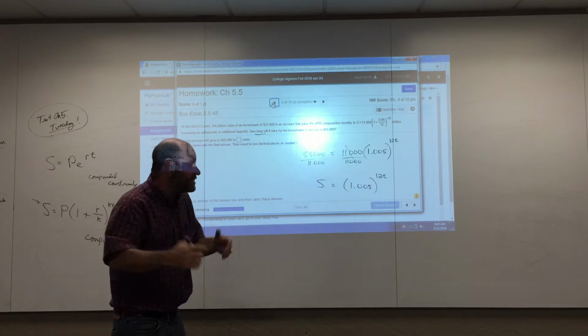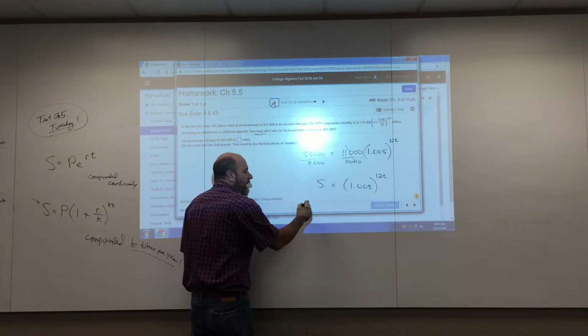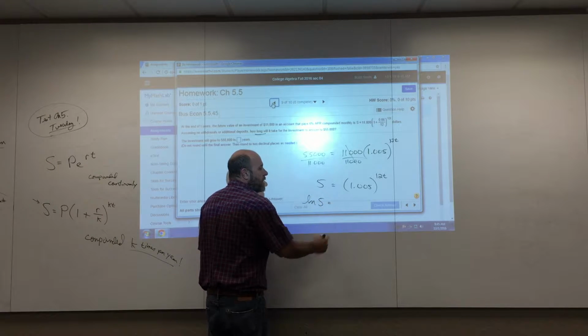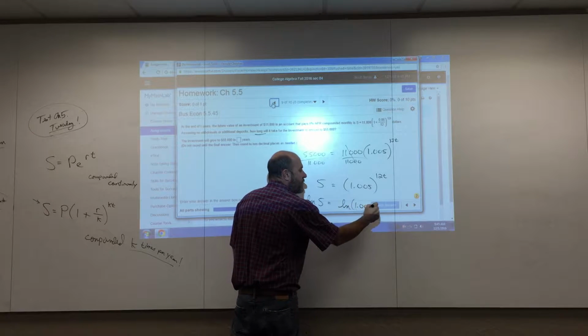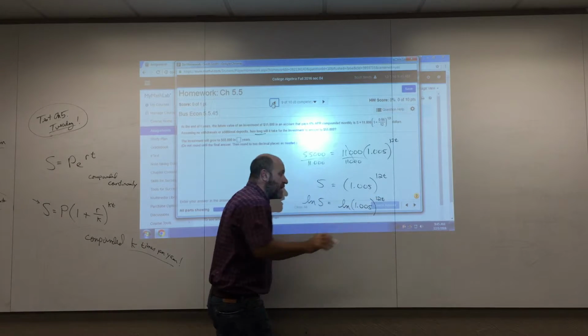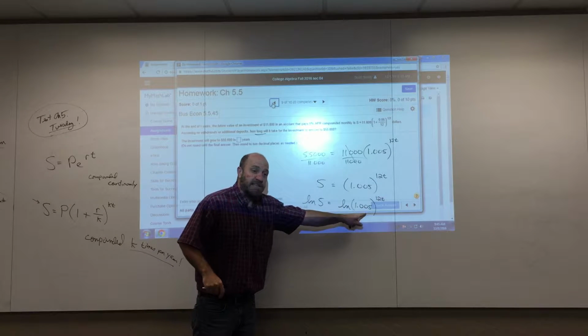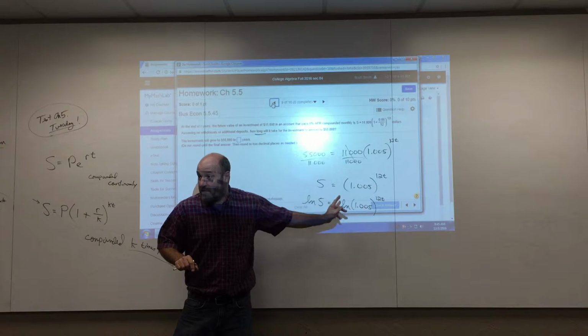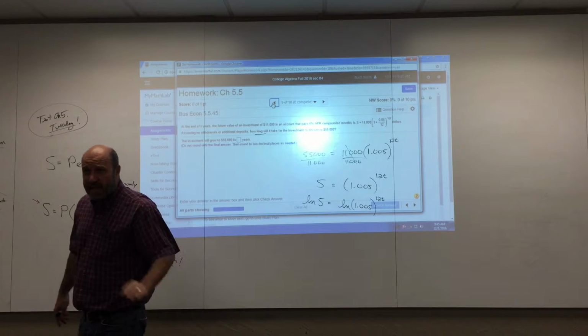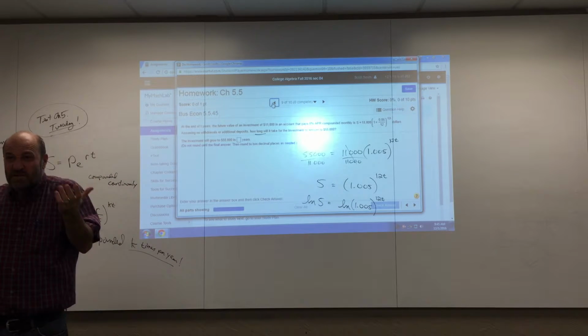What does it do? Watch. If I do the ln of both sides, then I get the ln of 1.005 raised to the 12t. Again, this ln is not canceling this base like in some problems. It would if it was base e. But it's not canceling the base. So what am I doing?